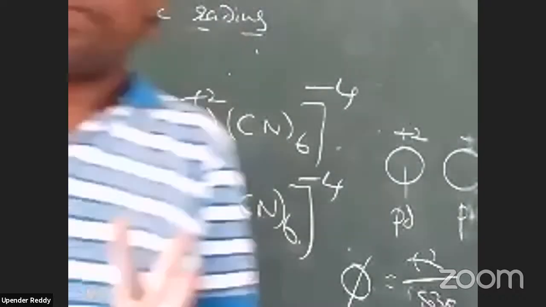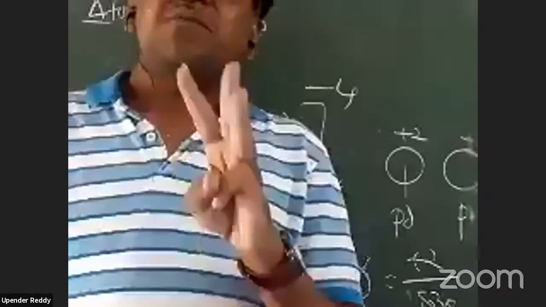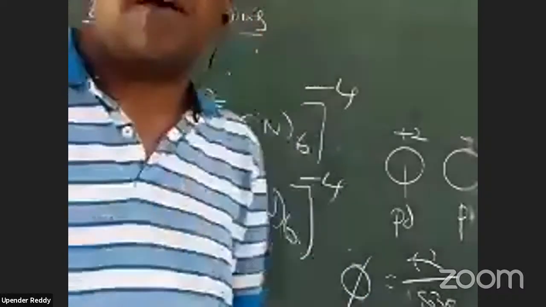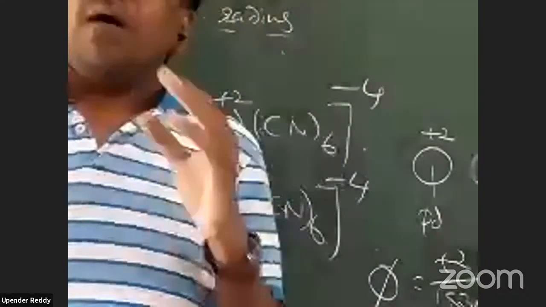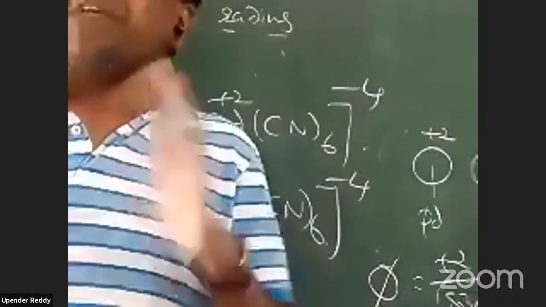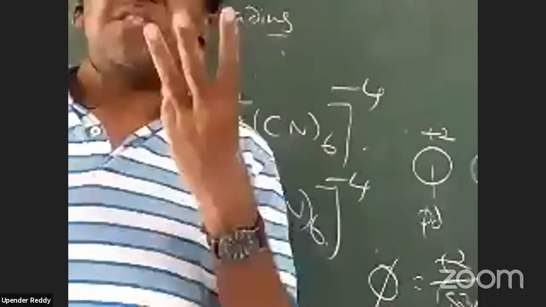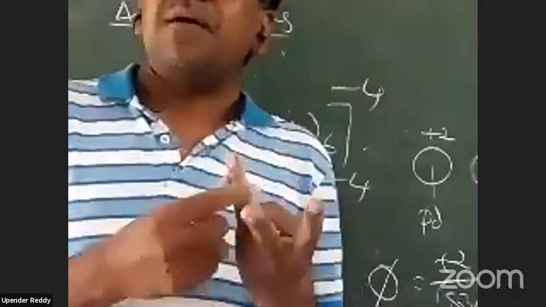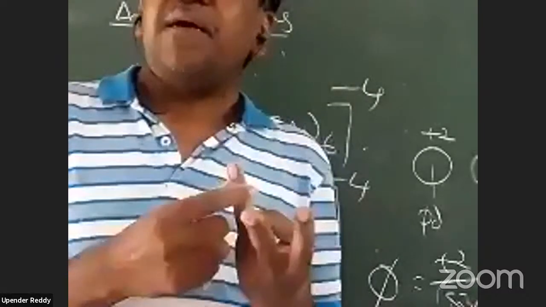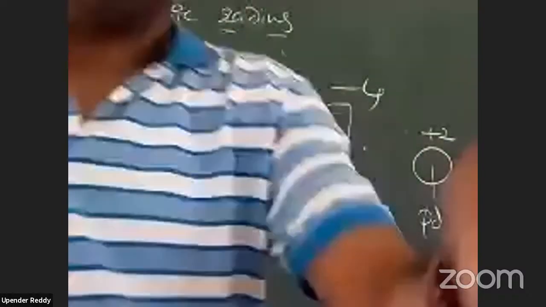I am repeating: the stability of the complex compound depends upon the nature of the ligand, the nature of the metal, chelation, etc. Coming to the nature of the metal, there are 3 points: size, charge, and electronegativity. When size and charge are the same, electronegativity plays the main role.